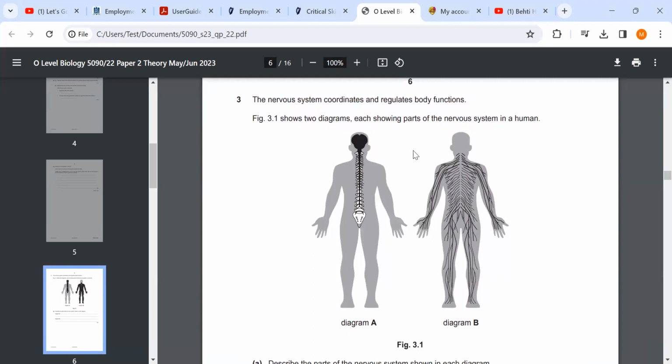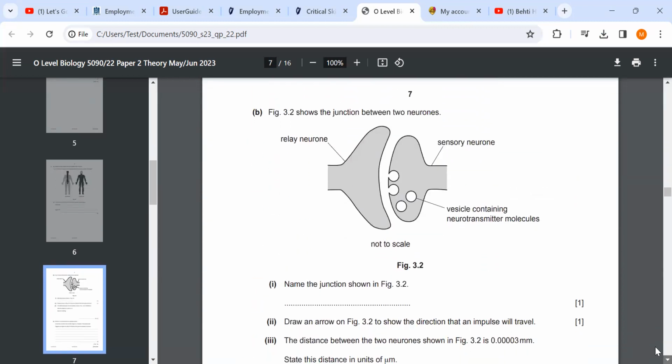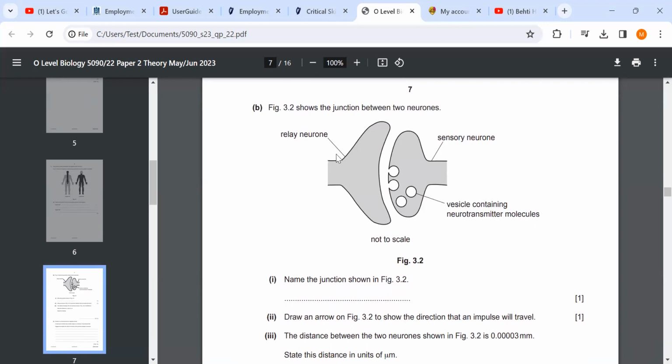The two types of nervous system: this is the CNS, which represents the brain and the spinal cord. This is the peripheral nervous system, as it goes to all other parts of the body, the hands, the feet, and the trunk. This form of junction is known as a synapse, and this is because the predominant distinguishing feature is the presence of the synaptic cleft.